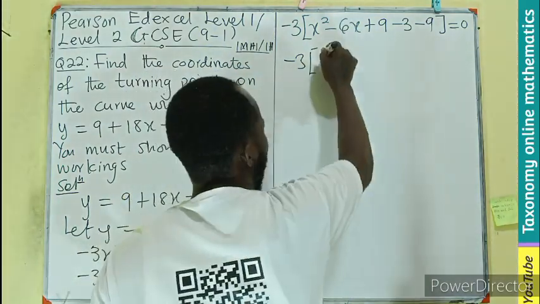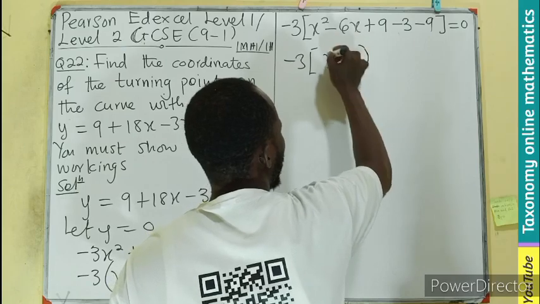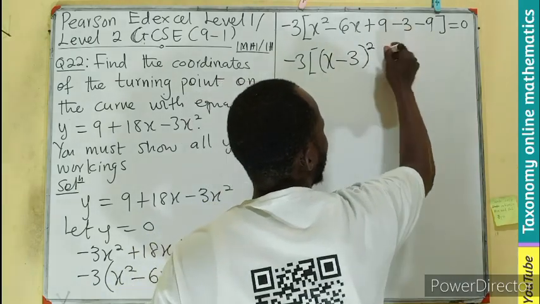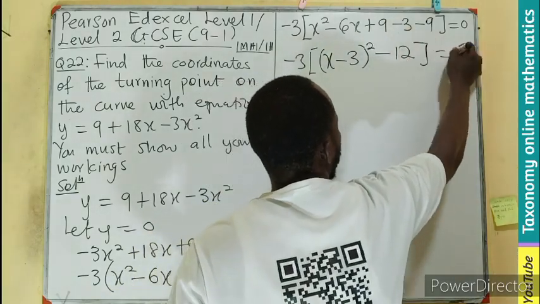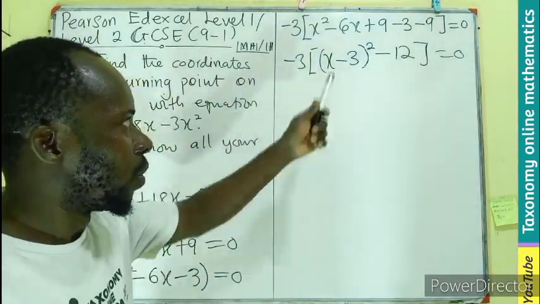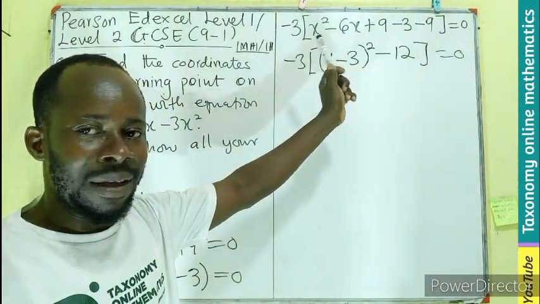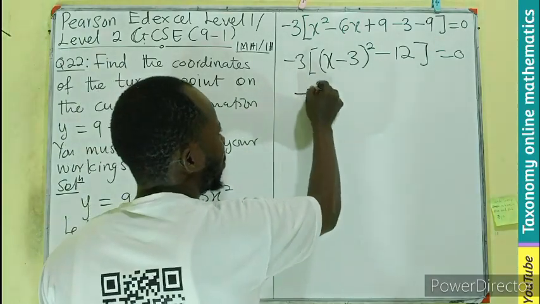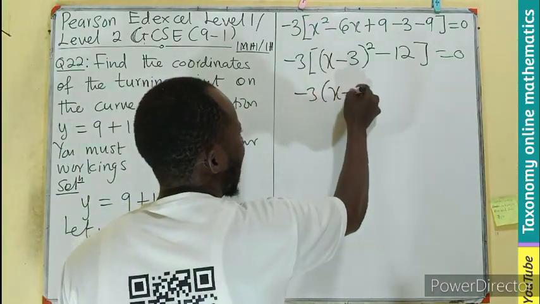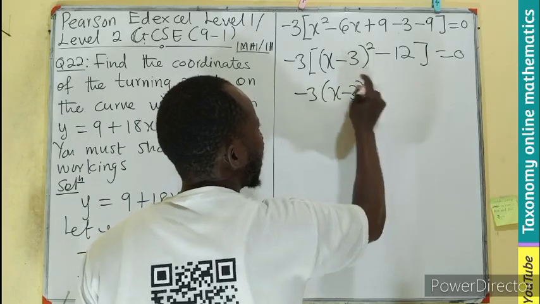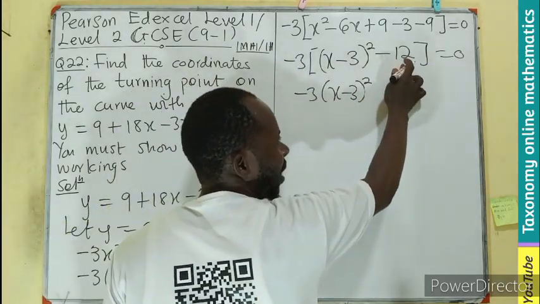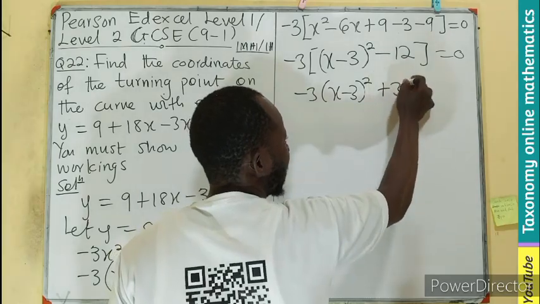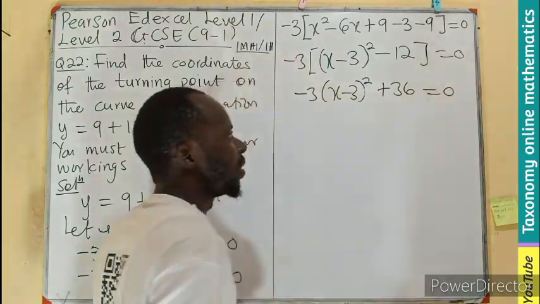So we have x minus 3 all squared. This becomes minus 12 equals 0, because minus 3 minus 9 is minus 12. Now let's expand the bracket to have minus 3(x minus 3) all squared, and negative 3 times negative 12 gives positive 36, equals 0.